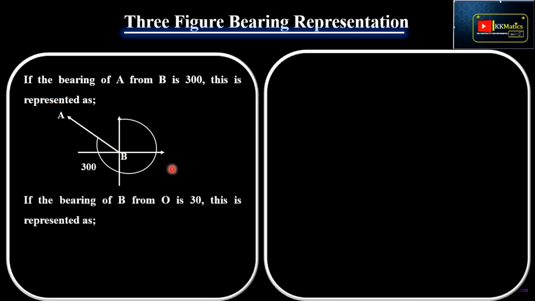If the bearing of B from O is 30 degrees, then this is represented as the bearing of B, coming from O. The bearing that you see here is the bearing of B, and remember, it's clockwise.